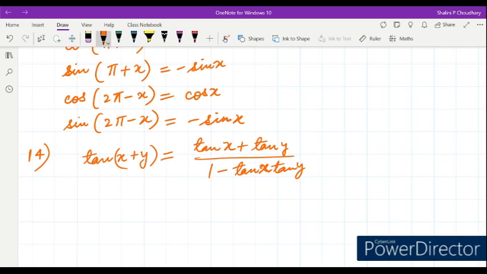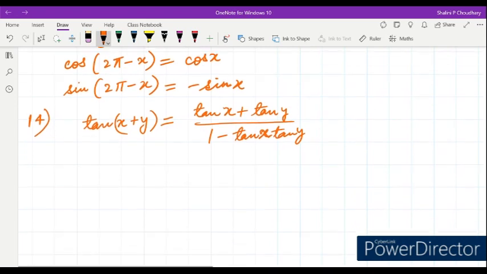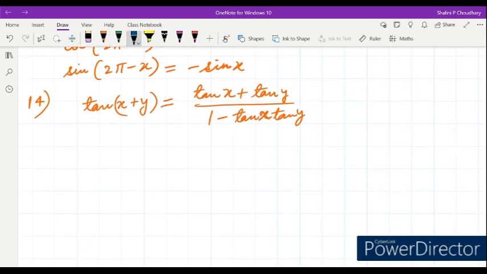Okay, how can we do this? We know the formula of sine and cos, so we can apply sine and cos formula, and then we can find out the value. See, we'll solve this. We'll derive how we are getting this formula.